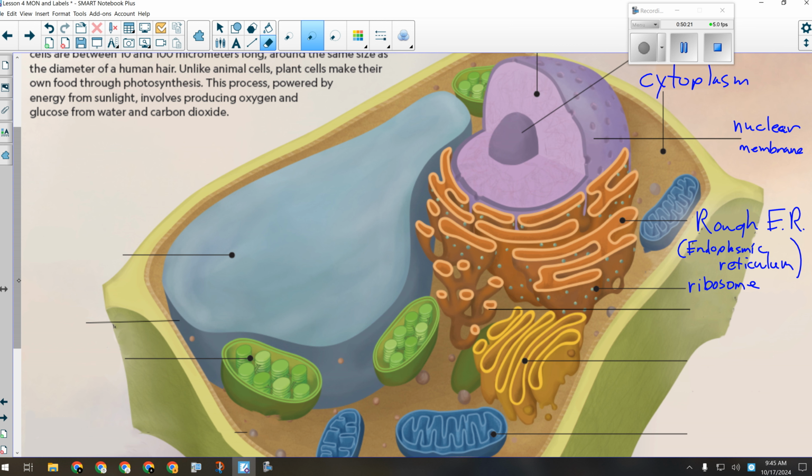The smooth ER, and the reason most cells don't represent it well is because it's everywhere. Most cells only show it as a small amount right next to the rough ER, but it's actually everywhere. But we can't see it. Unless you really know what you're looking for, you don't see the smooth ER, but it's everywhere.